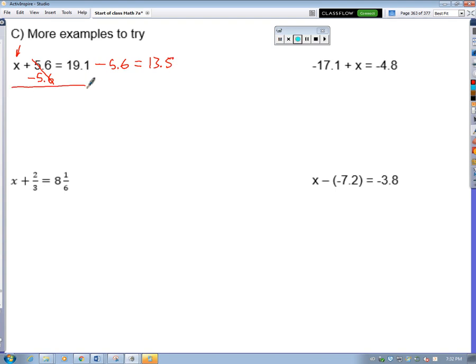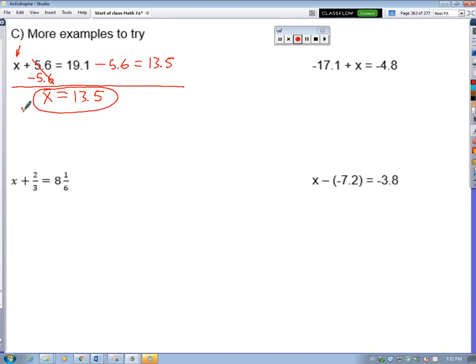I'm going to draw a line underneath everything, drop my equal sign, and then bring down everything that is left on this side. I don't have the 5.6 anymore, so I'm just left with the x. And then on this side over here, I did the math, and I'm left with 13.5. Okay, we just solved this equation. X equals 13.5. That is the mystery number that x equals.